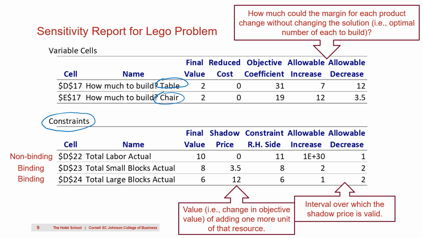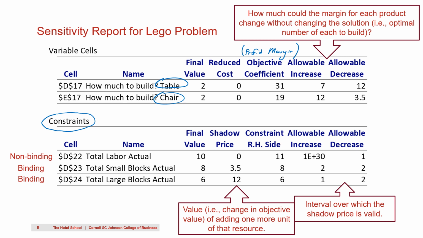And what this tells us is how much we could change our objective coefficient, so that's our profit margin for this problem, without changing the optimal solution of 2 tables and 2 chairs.